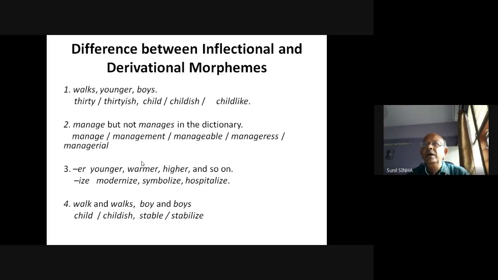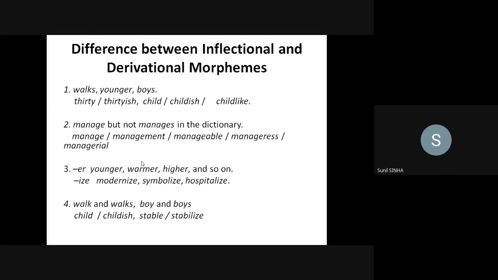S, ER, and S on boy are inflectional morphemes, whereas ISH on 30 and the others are derivational morphemes. A derivational morpheme enlarges the meaning of a word.